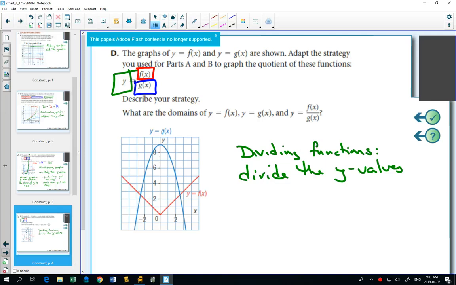Okay, 0 becomes important again. 0 is important when the numerator is 0.